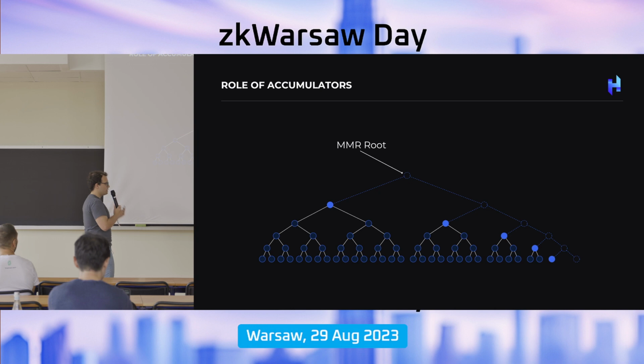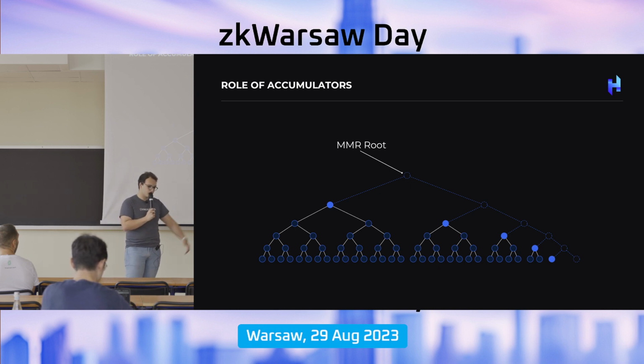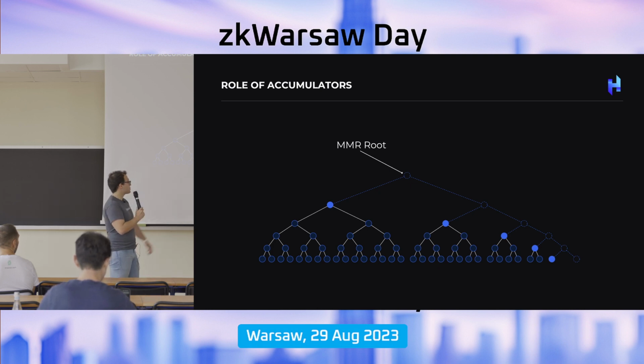We can engage a one-time process, which is called the accumulation. And the accumulation is basically this idea that we can iterate through the entire chain, prove that this computation is correct, and at every step of this computation, at every iteration, we can just append some block hash to an MMR, Merkle Mountain Range. Really don't want to dive into Merkle Mountain Ranges today.